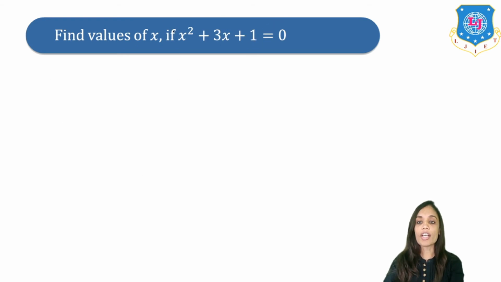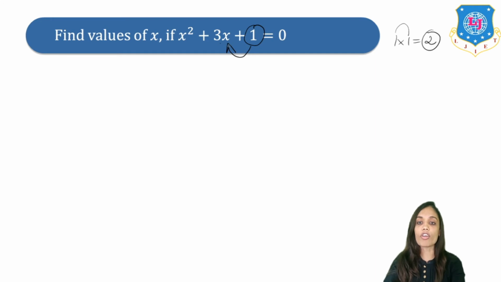So we have to find the values of x if x square plus 3x plus 1 is equal to 0. Now you can see we cannot factorize 1 such that we can get the answer 3, because the only factors of 1 are 1 into 1. If I add these two, our answer will be 2, not 3.